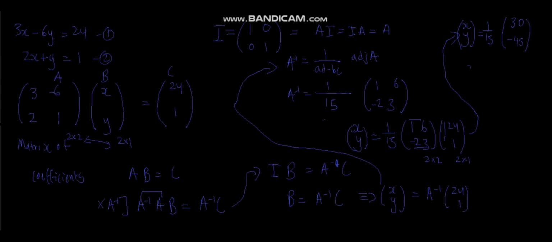Now we get x, y equals the scalar multiplication 1 on 15 of 30 and minus 45.